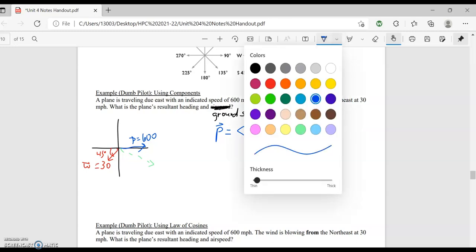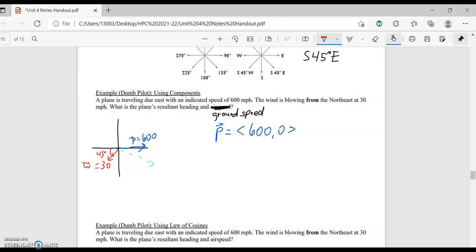The other vector we know is our W vector, our wind vector. But we've got to hold on for a second, because when we are doing vectors in this component form, we use direction. We do not use bearings. So again, it's not terrible in this case. We do have the magnitude of 30, and we have a reference angle of 45 degrees, but we do need to find the overall direction from the positive x-axis.